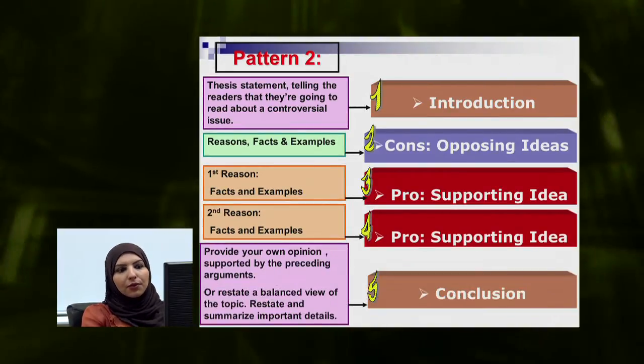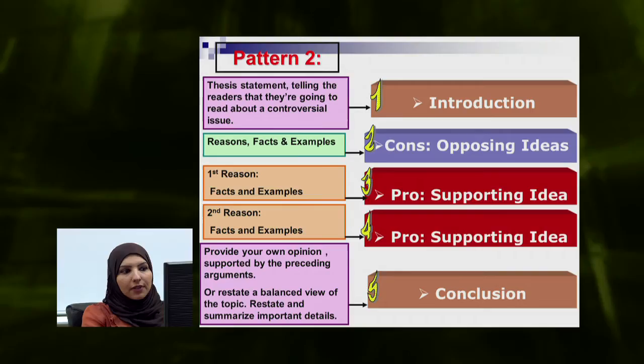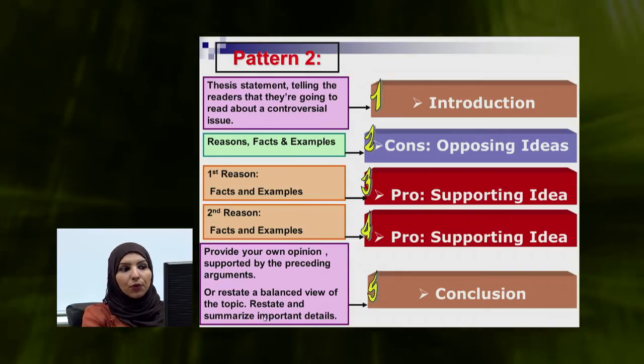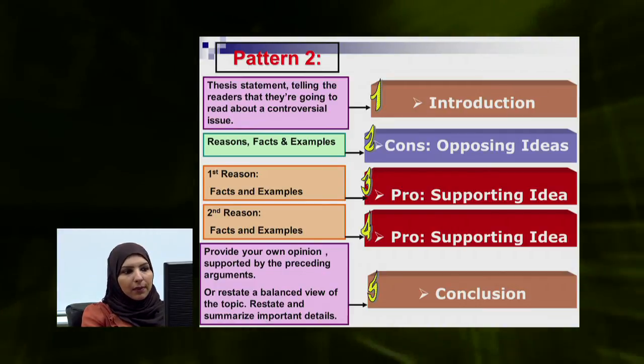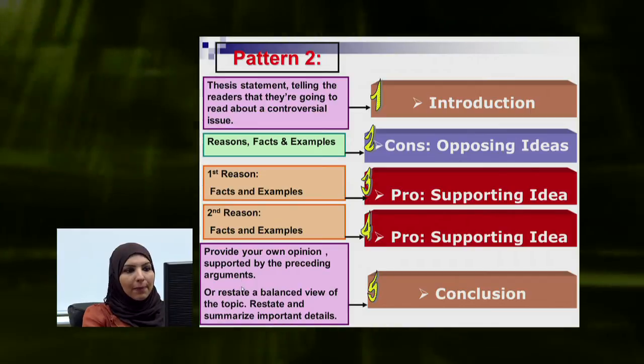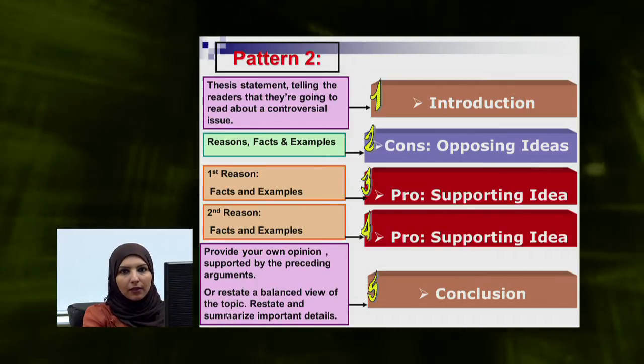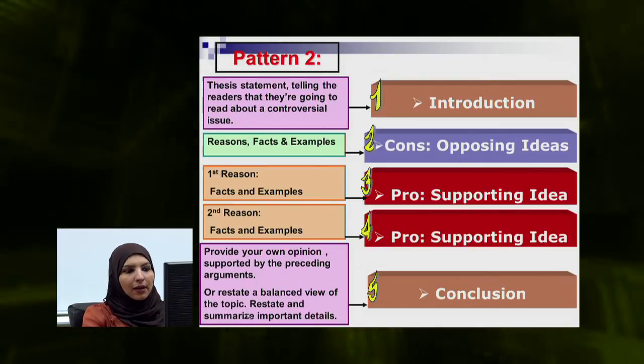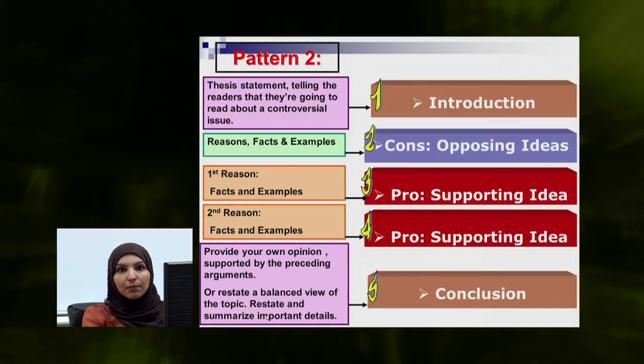Finally comes your fifth paragraph, which is about your conclusion. And in this conclusion, you are going to provide your opinion, supported by the preceding arguments, or you're going to restate a balanced view of the topic. Plus, you're going to summarize the important details mentioned in the whole essay.